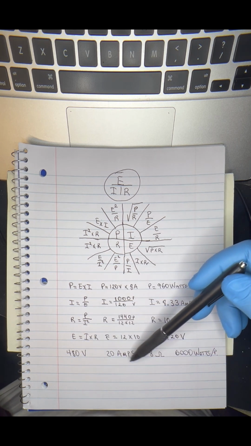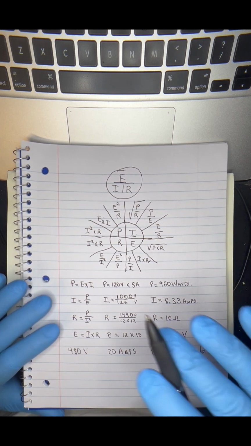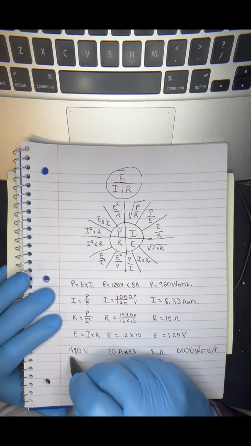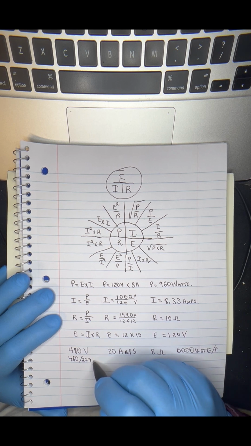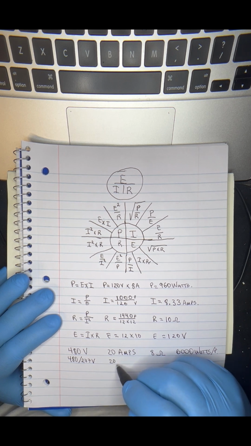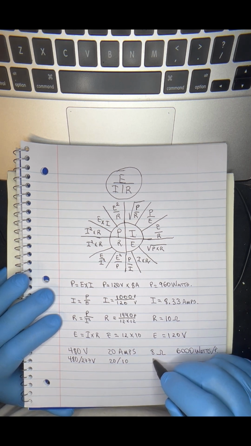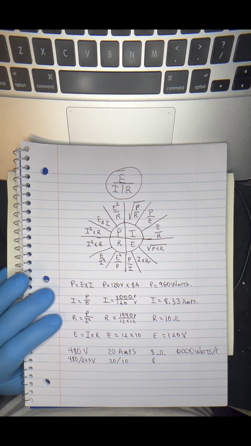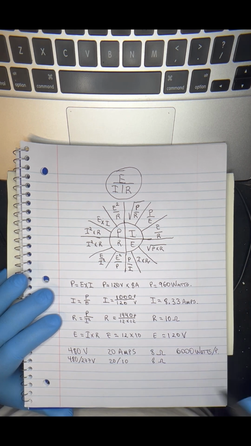480, 277, 20 amps. So for example, in an industrial setting, you will see 480 volt, 277, at 480, 20 amps, at 277, 10 amps. Most motors are not going to give you the ohms, but you can find that with Ohm's law.